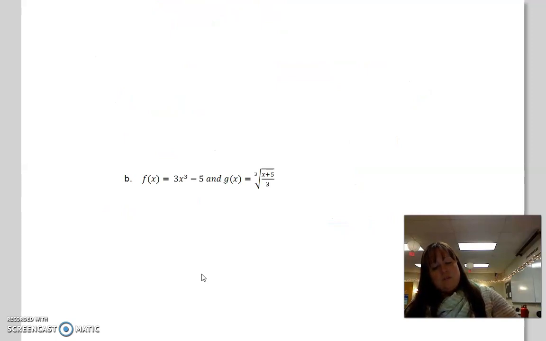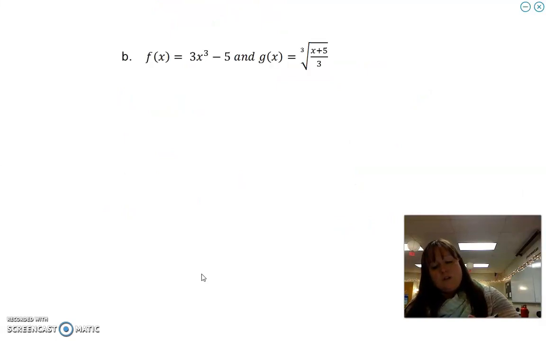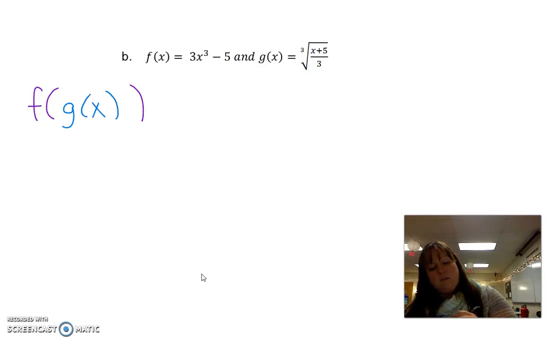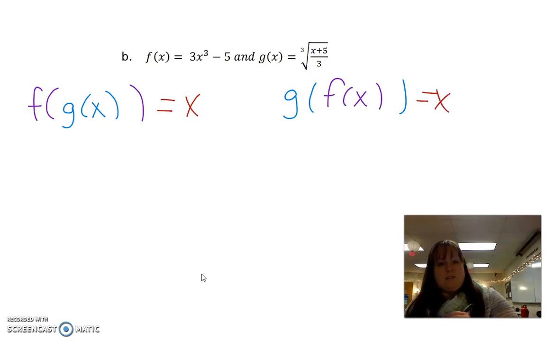Alright, we're going to check the composition rule on this one as well. So, we're going to look at f of g of x, make sure it's x, and then g of f of x, make sure it equals x.